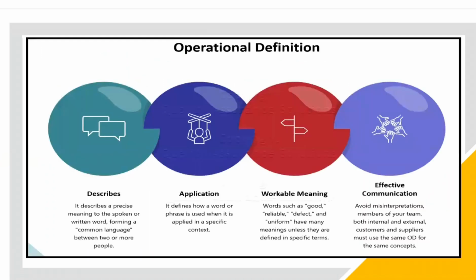Okay? So, in operational definition, it should be described, no? Applicable, workable meaning, and effective communication. Okay? So, mababasa nyo yan kung ano yung mga factors o paano magiging effective ang pagsasagawa ng isang operational definition.